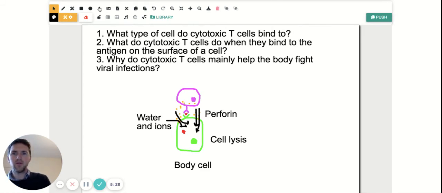I'm just going to write a reminder. Cellular immunity is basically T cells. So I'm referring to cellular immunity. If you're asked about cellular immunity, you need to be talking about T cells.